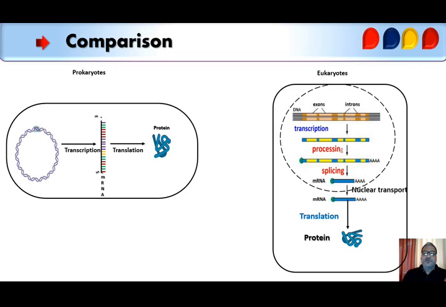In eukaryotes, each mRNA is monocistronic, that is, the mRNA contains a single gene, whereas in prokaryotes, the mRNA is polycistronic. It contains more than one gene, that is, the mRNA encodes several proteins.